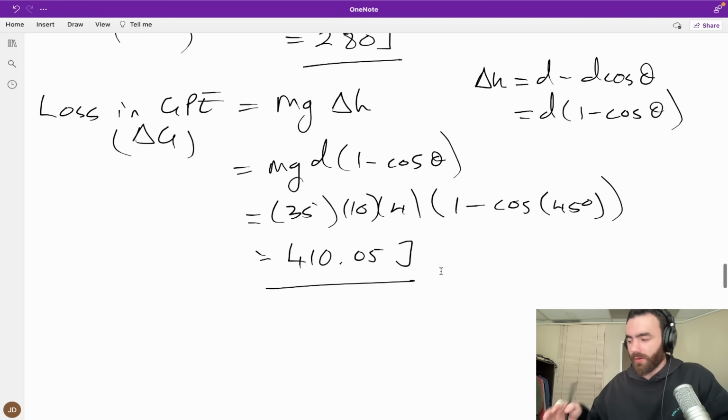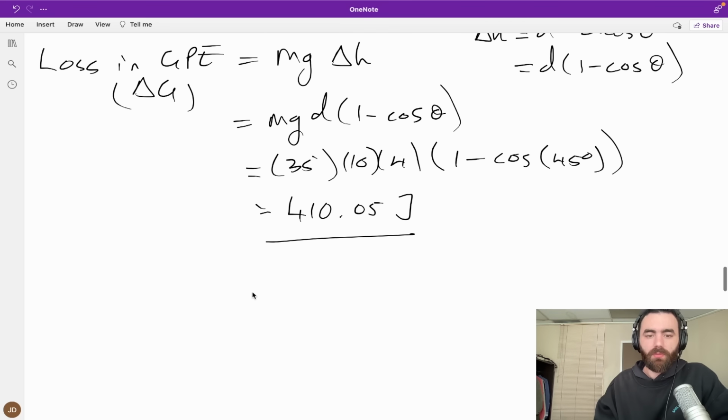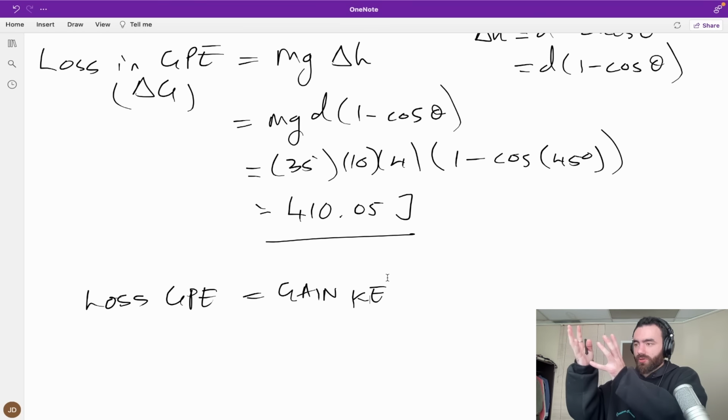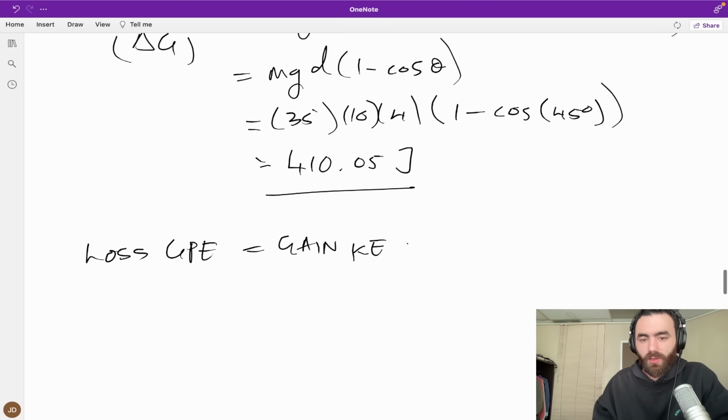So now let's think about it. The loss of our gravitational potential energy is going to equal the gain in our kinetic energy, because it's transforming into kinetic energy, but it's also being used up by the resistance force, the work done by the resistance force.